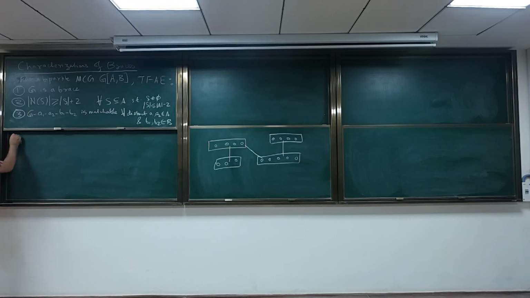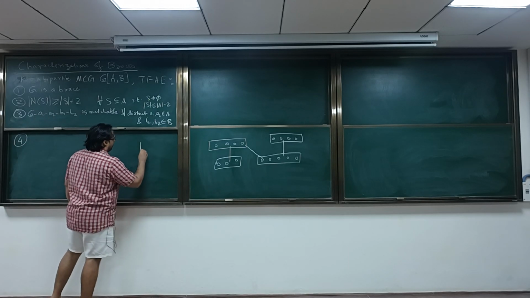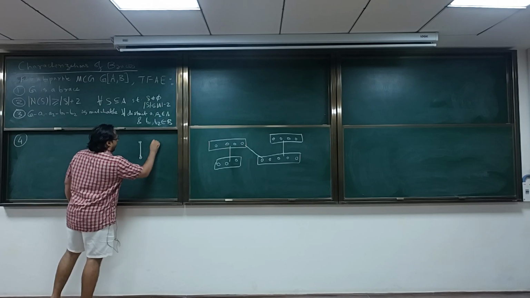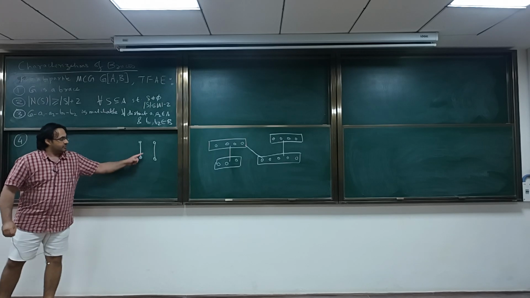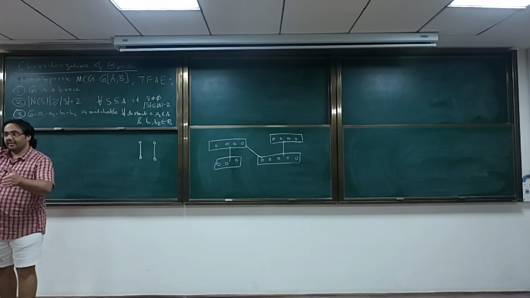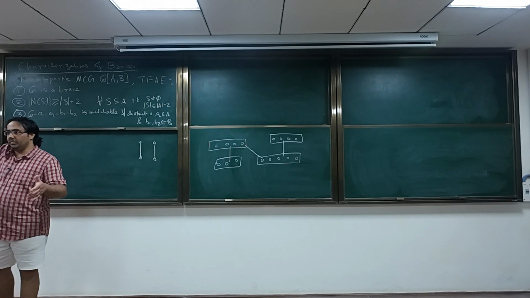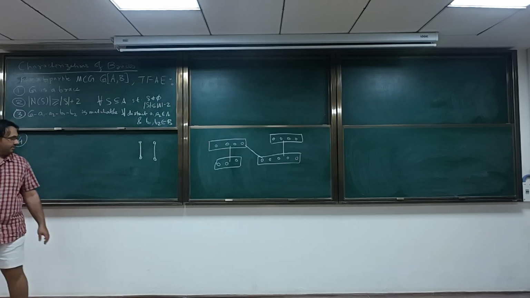And it turns out, well, this is actually suggesting that here we are not saying anything about these vertices being adjacent or not. But well, if A1 and B1 are adjacent and A2 and B2 are adjacent, then what does it mean? These two edges extend to a perfect matching.